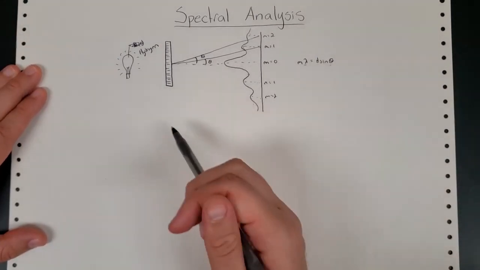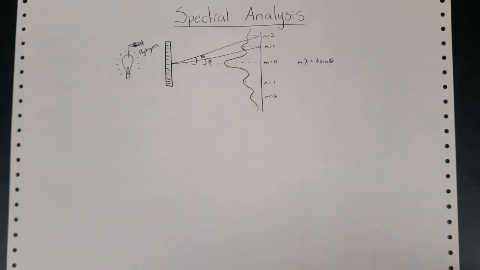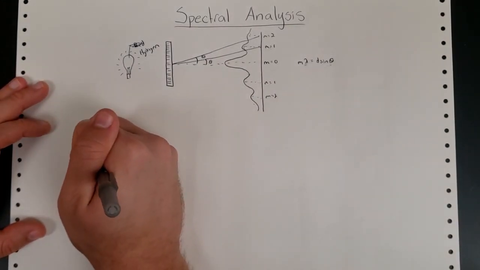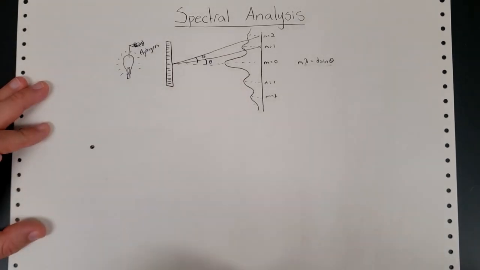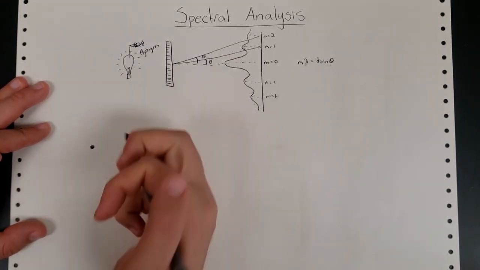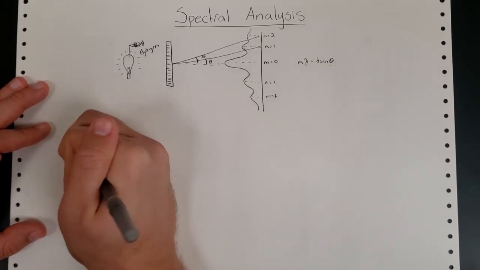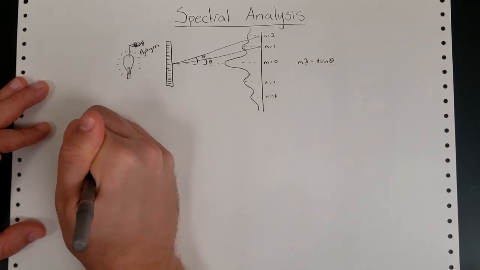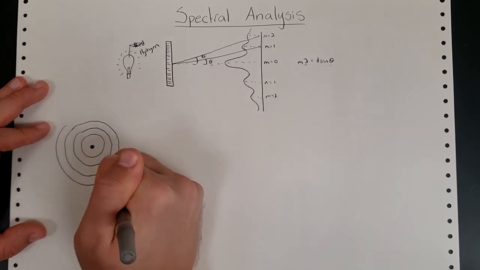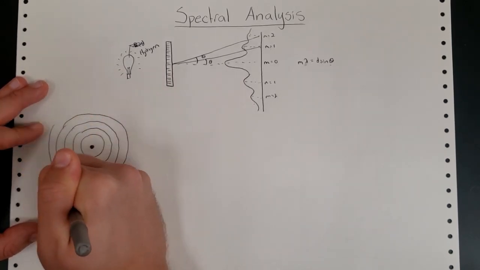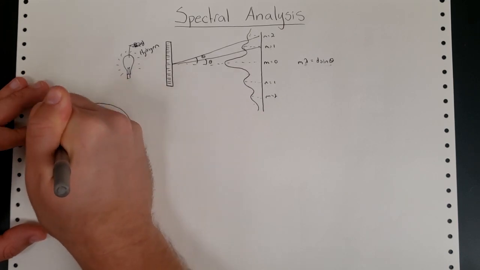So let's talk about how hydrogen can emit multiple wavelengths a little bit further. If we have a really simplistic drawing of a hydrogen nucleus there, and we have these different orbitals where the electron can be located, something like that.